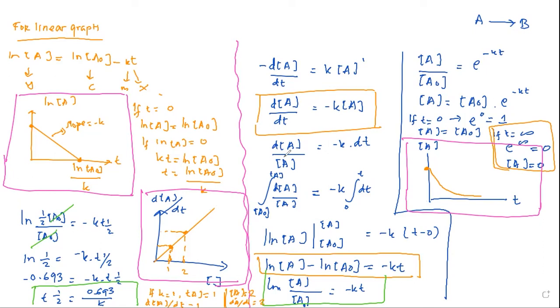Once again, this type of graph is the product of the integrated rate law. So we have finished with the first order.